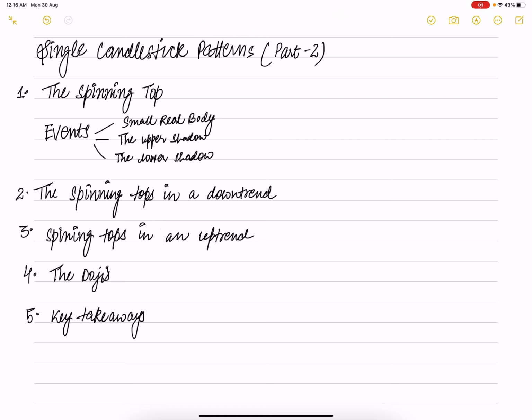However, to play safe, he could test the waters with only half the quantity. If the trader wants to buy 500 shares, he could preferably enter the trade with 250 shares and wait and watch the market. If the market reveals its direction and the prices start going up, the trader can average up, buying again.